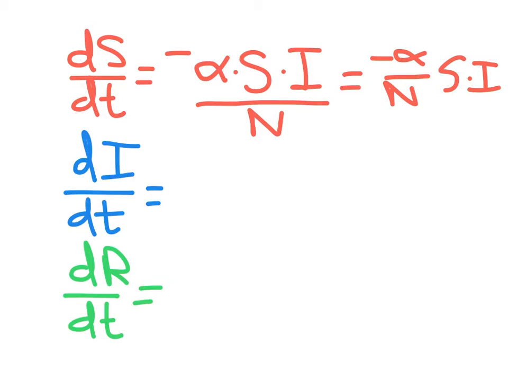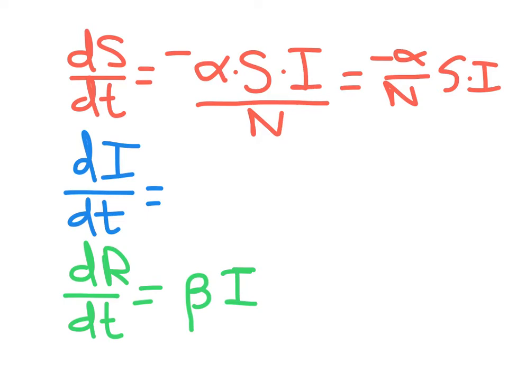So the expression for this that we get is beta times I, where beta is essentially the percentage of infected people that are removed from that infected population in one way or another each day. So it's like a percentage per day is how that works for beta.